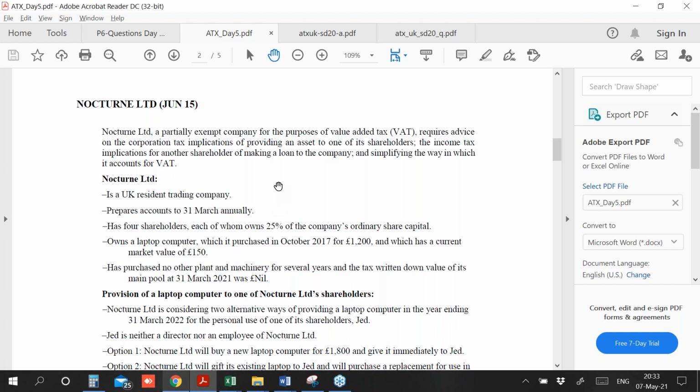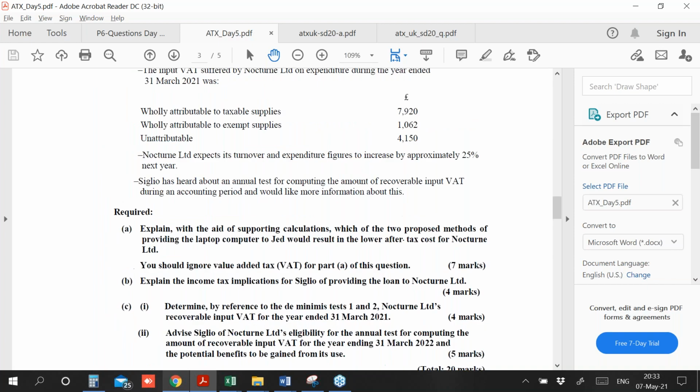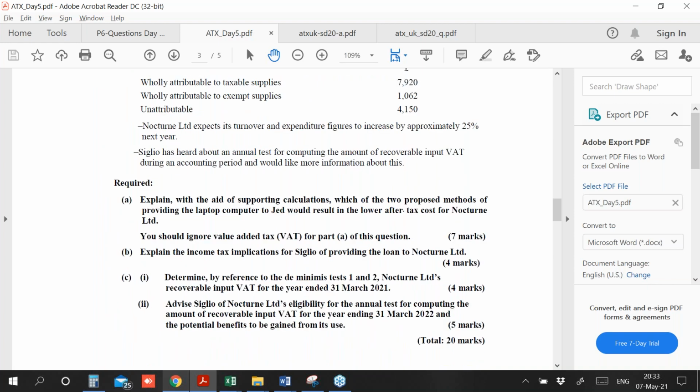So the first question is Nocturne Limited. Let's read the requirement first. Explain, with the aid of supporting calculations, which two of the proposed methods of providing the laptop computer to Jed would result in lower tax for Nocturne Limited. B. Explain the income tax implications for Siglo of providing the loan to Nocturne Limited.